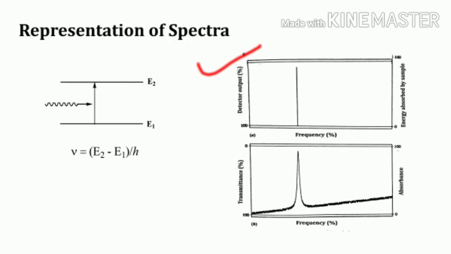where we can see on the left the detector output with 100% at the bottom, and on the right hand side the percentage of the energy absorbed by the sample. That means the spectrum has been scanned between the beginning and the ending frequencies, and such a picture is referred to as the spectrum in the frequency domain.